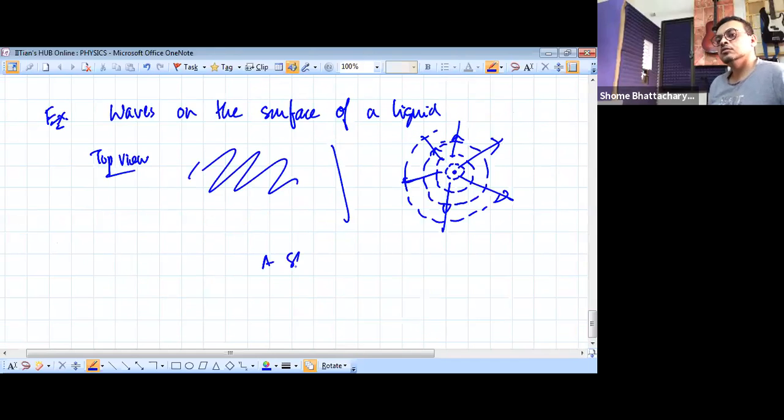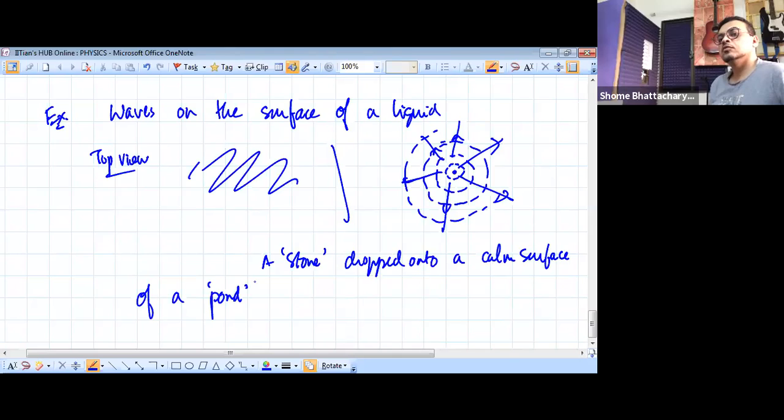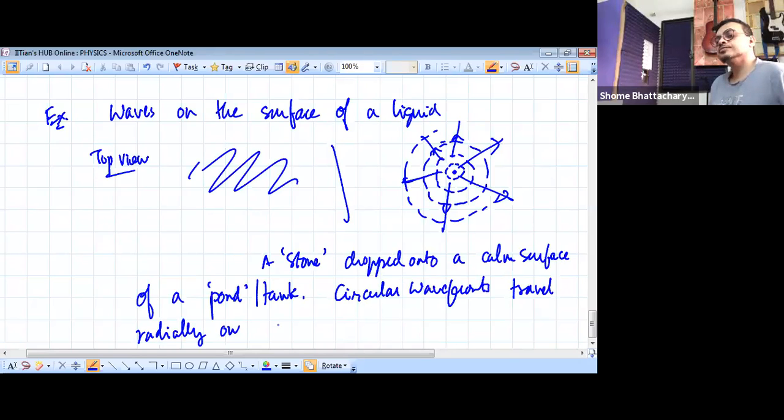So a stone drop onto a calm surface, pond or tank or something like that. So you see circular wavefronts travel radially outwards along the surface.